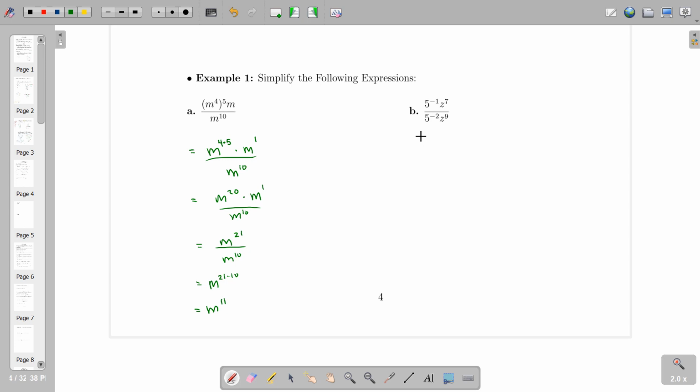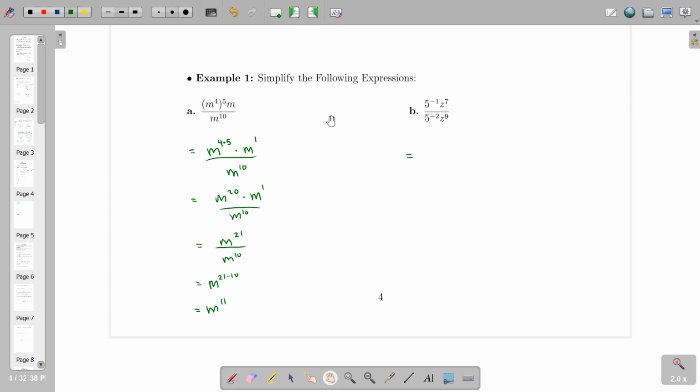Part B here, I've got some negative exponents happening. And notice that the bases are the same here, and the bases are the same here as well. So we can employ that subtraction property. Now, one thing that's nice is to try to anticipate how to do the subtraction so that you end up with positive exponents.